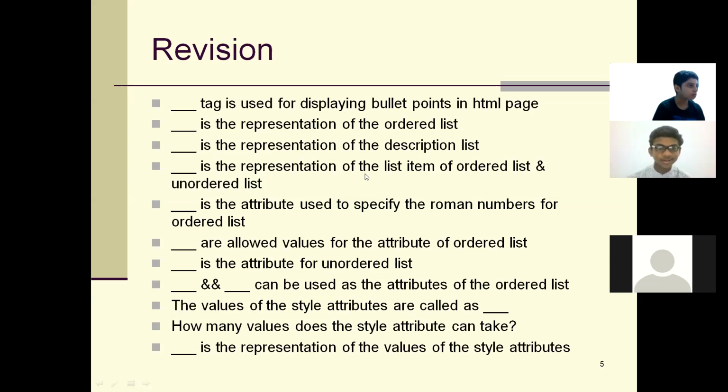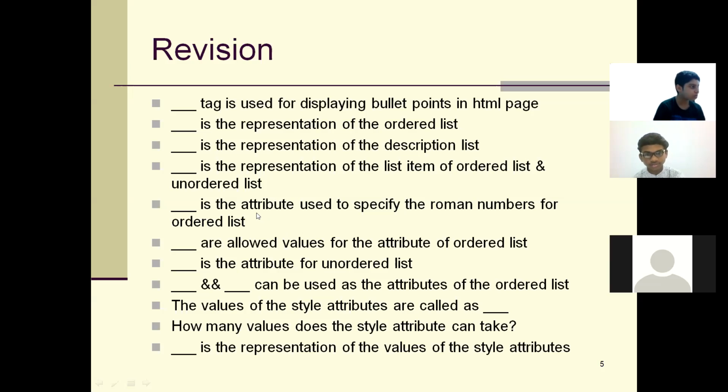Dash is the representation of the list item of ordered list and unordered list. Smaller than symbol, Li, greater than symbol. Perfect. So for ordered list and unordered list, we'll use the Li tag to add an item to the list.